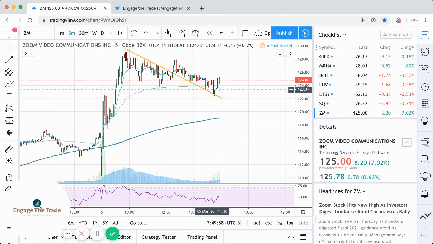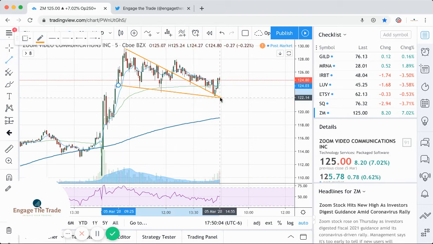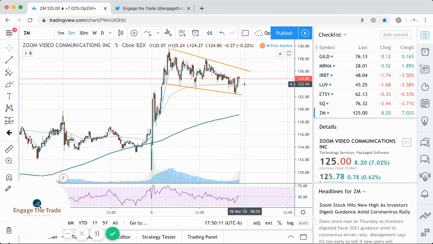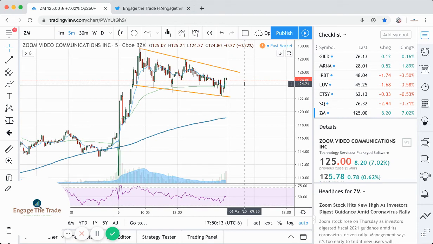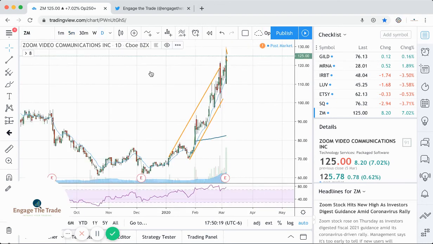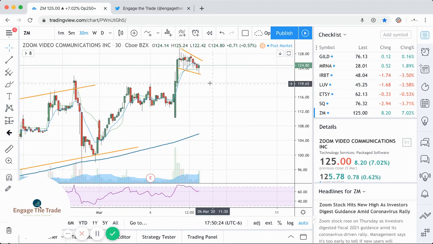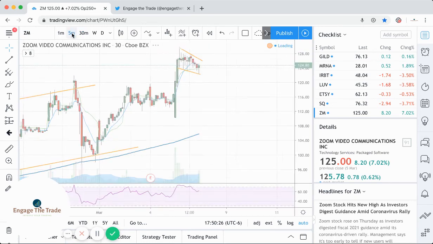It's nothing special, but it is what it is. And you can kind of move the trend line like this more. It's more of a channel now. But I would not be surprised if this sees 130 plus before too long. A couple days maybe.